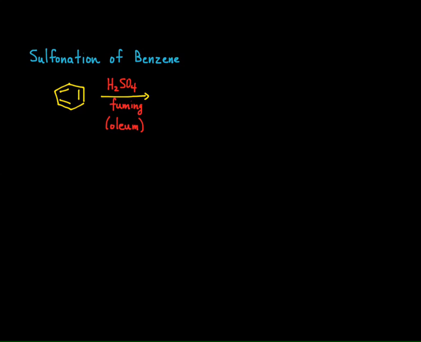This is very different than normal concentrated sulfuric acid. Fuming sulfuric acid, when you open it up, emits orange gaseous fumes, and it's quite a pleasure to work with. So understand we're not just using sulfuric acid; we're using oleum as our reagent.